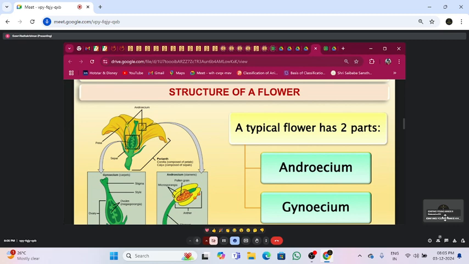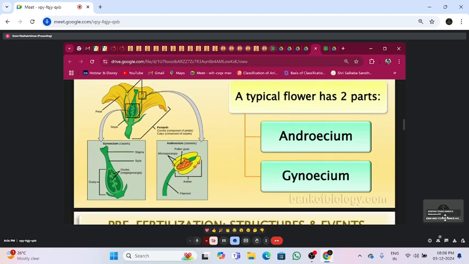Gynoecium is the female sexual organ of the flower, and how they develop into male gamete and female gamete, then how they fertilize, and then pollination happens, and then the fruit or seed is developed, and from that how it germinates. So this is all about the sexual reproduction of the flowering plant.